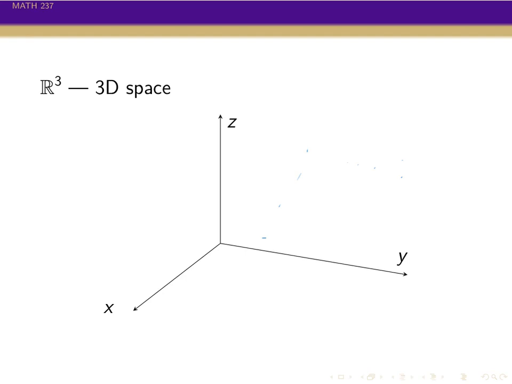If we want to talk about some point (x0, y0, z0), the idea is that you go out x0 far, and then you go out and across y0, and then z0 is how far you go up.